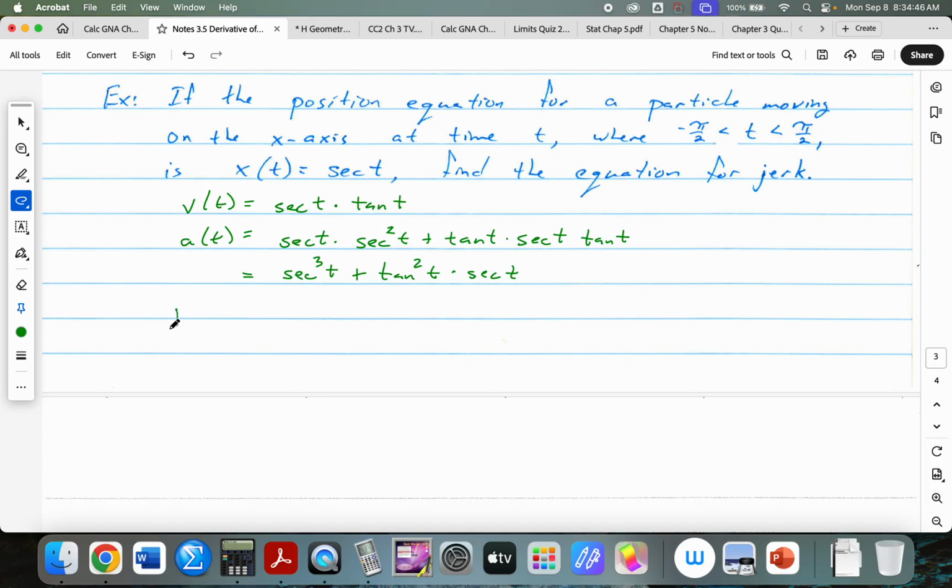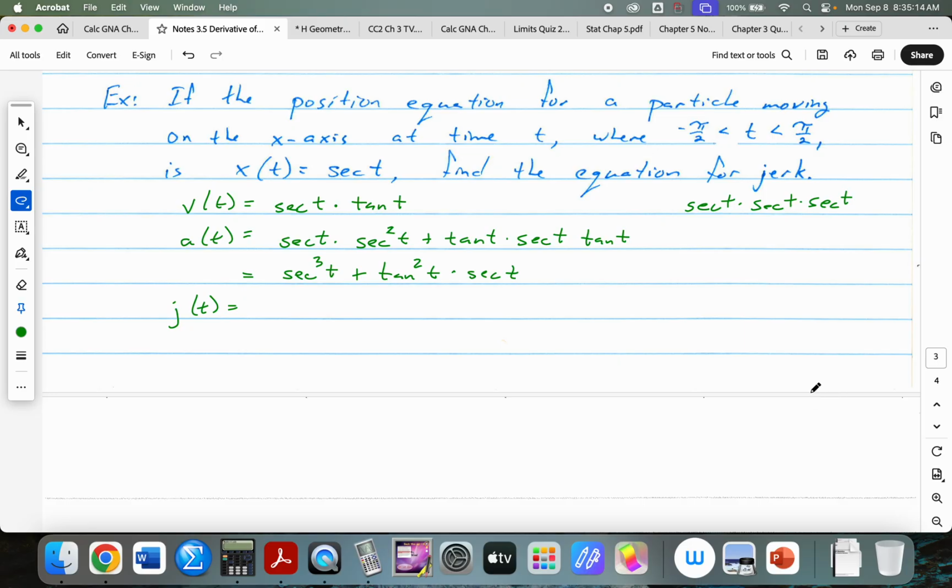So the jerk, we don't have a rule. We can't use the power rule here because what I'm cubing is not the variable. I'm cubing the secant of t. So I have to think of that as being, for now, you'll learn a rule for this later, secant t times secant t times secant t.